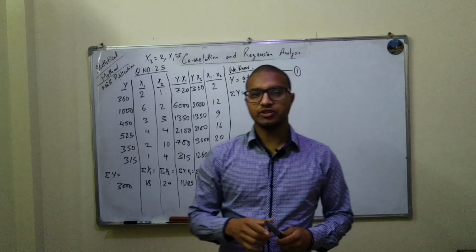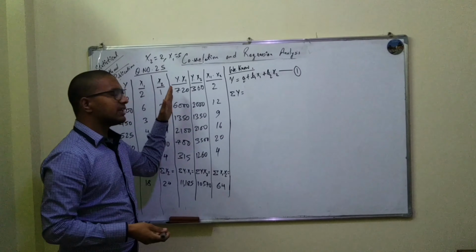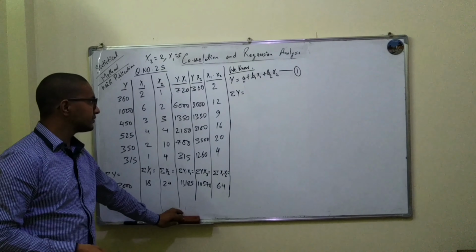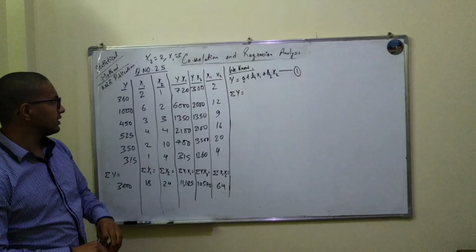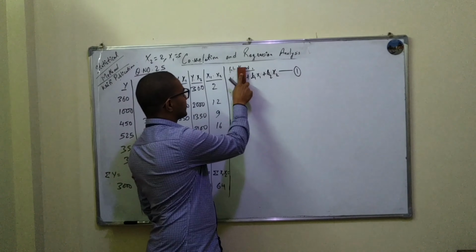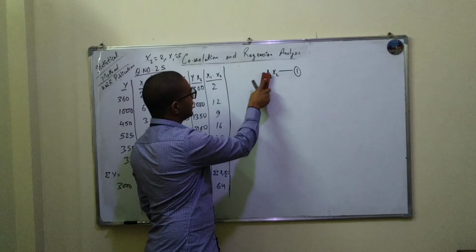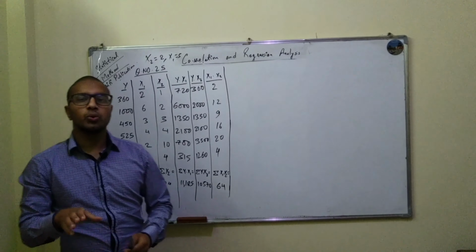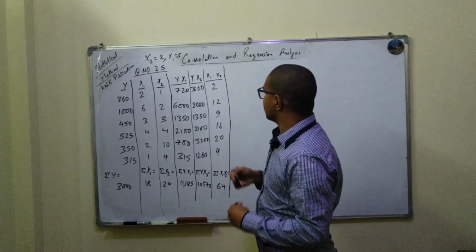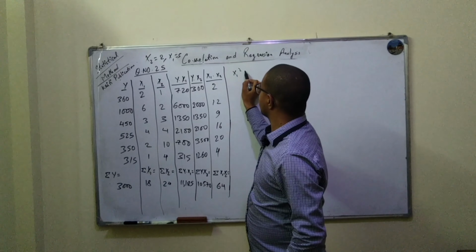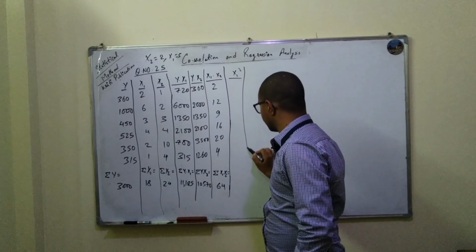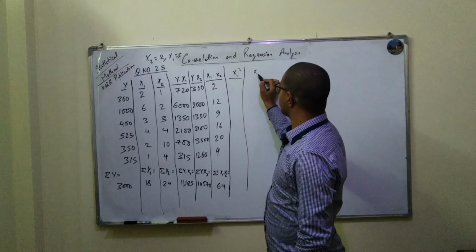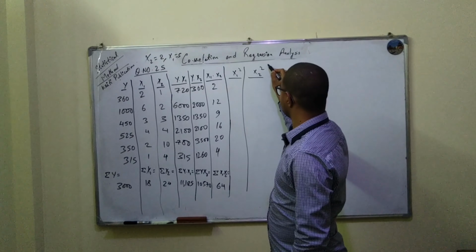We need the square of the second variable and third variable as well, the second independent variable and third independent variable. So I'll erase this quickly and square it up. x1 square, x2 square.